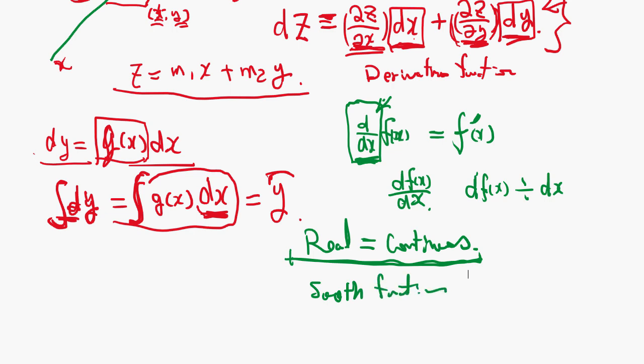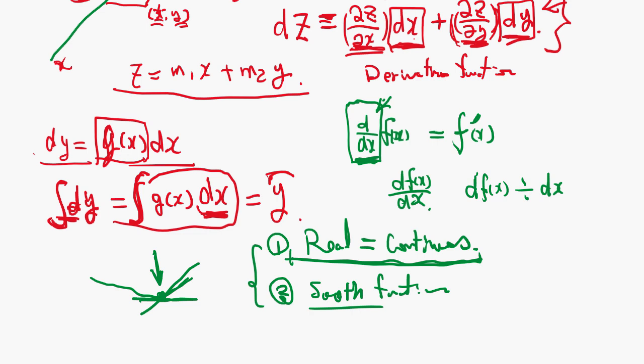What's a smooth function? Smooth means it's not like this function. There is a kink here. Okay, if there is a kink, as you see, you can define two different slopes. So the slope function has two values here. Okay, so there are two conditions.